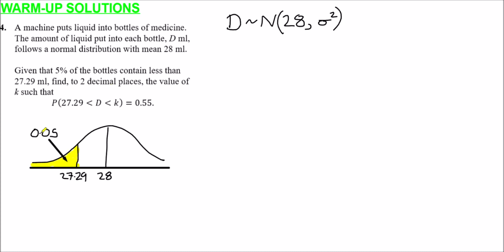The thing here is, if you don't know the mean, the standard deviation, or neither, it's almost always a good idea to code this into the standard normal distribution. So we can now standardize this.